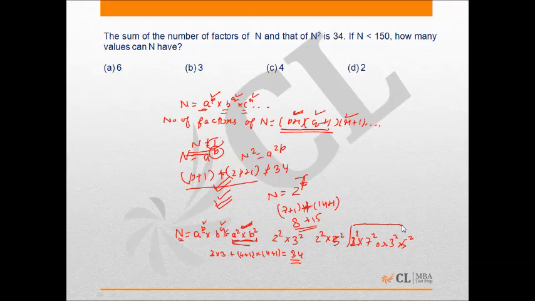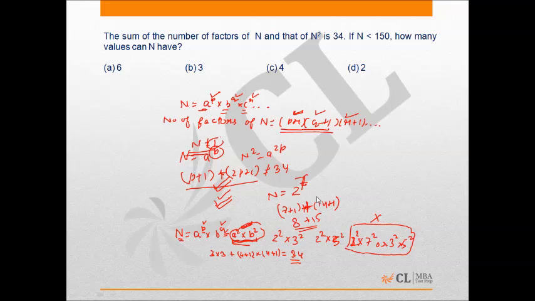It can be noted that both of these numbers are greater than 150, so these numbers are not possible. The number of values that n can assume when it is of this form is 2.